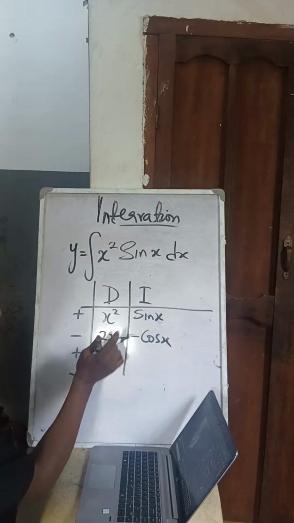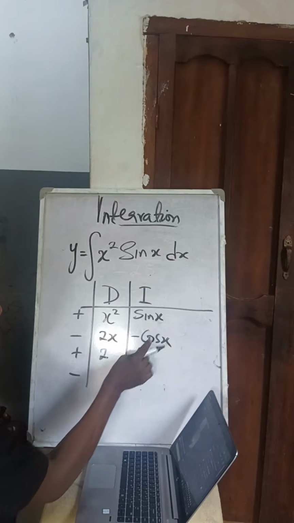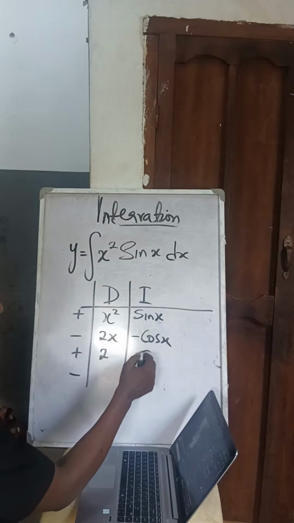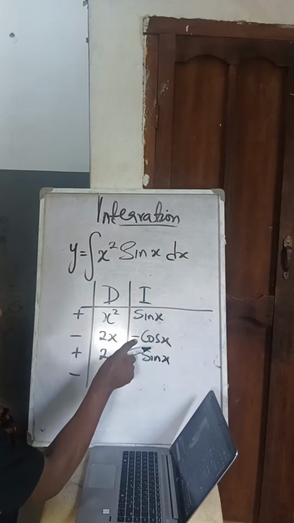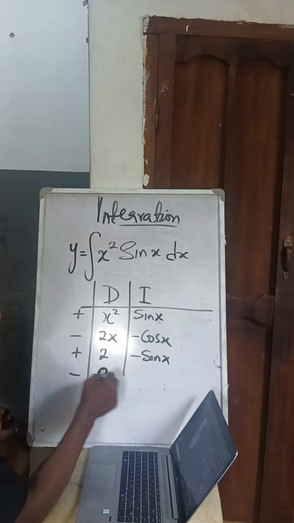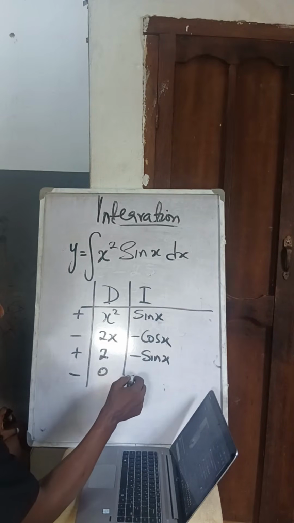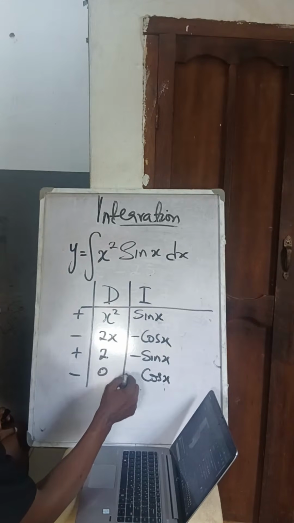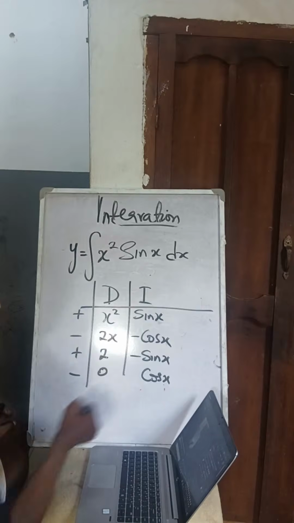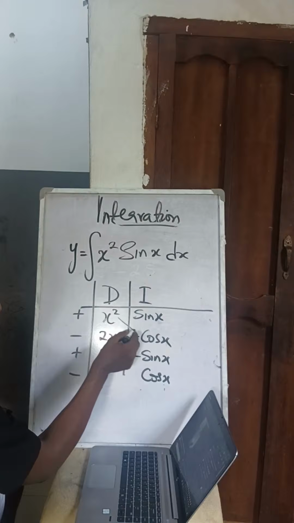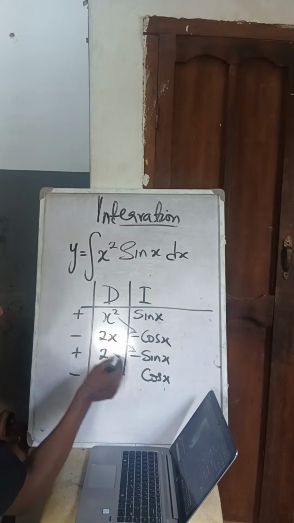Differentiating 2x, you will have 2. Integrating cos x, you will have sine x. We bring this minus down. Then differentiate 2, we have 0. Integrate this, we have cos x. Minus times minus is plus, so I have plus cos x. This goes down, this goes down, this goes down.